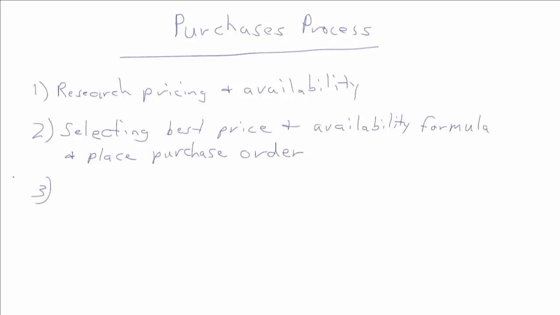All right, number 3. Well, we've placed a purchase order, and so eventually we're going to receive the items. And those could be goods or services from the supplier.